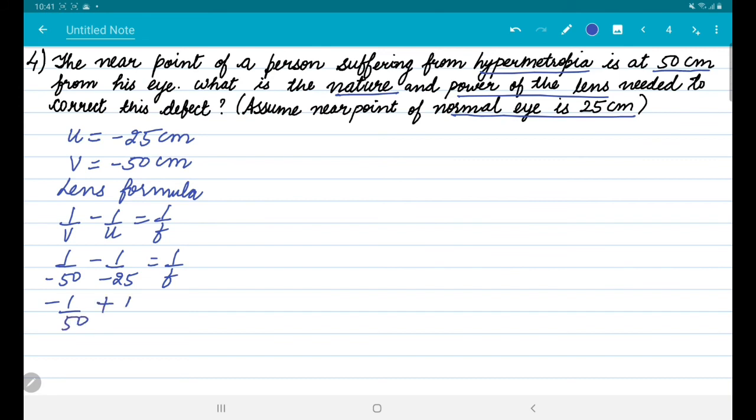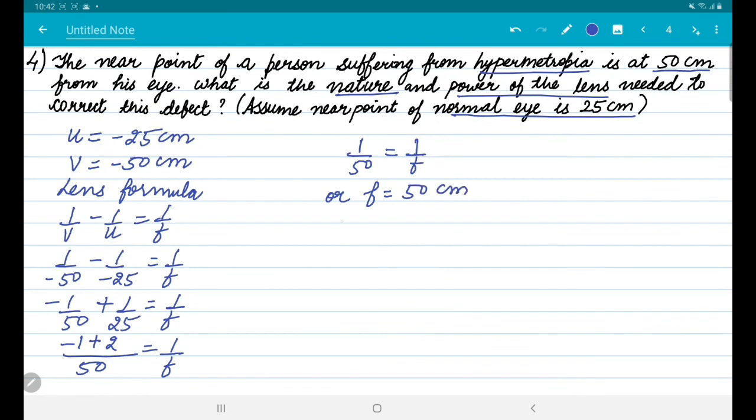Minus minus is plus, and we'll be taking LCM of 50 and 25. We'll be getting 50. Minus 1 plus 2 is equal to 1 by f. 1 by 50 is equal to 1 by f, or f comes out to be 50 centimeter.